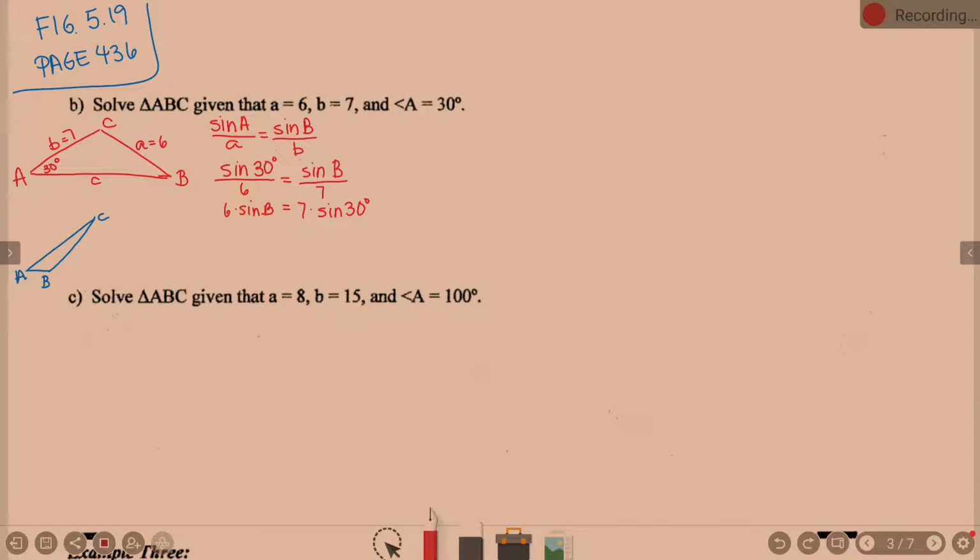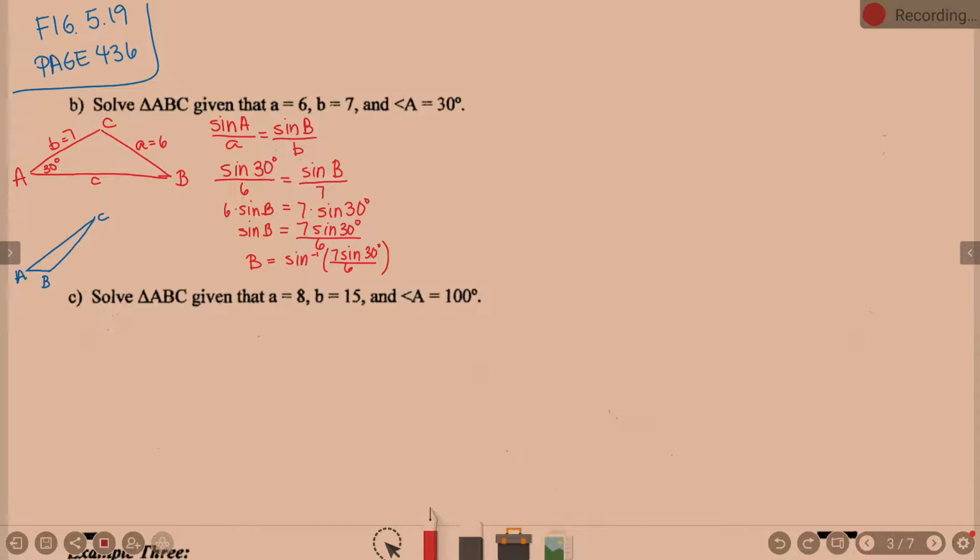In order to solve for sine of B, I divide by 6, right? So sine of B is going to be 7 sine of 30 divided by 6. How do I actually find B? Sine inverse, good. So B is the sine inverse of 7 sine 30 degrees over 6.